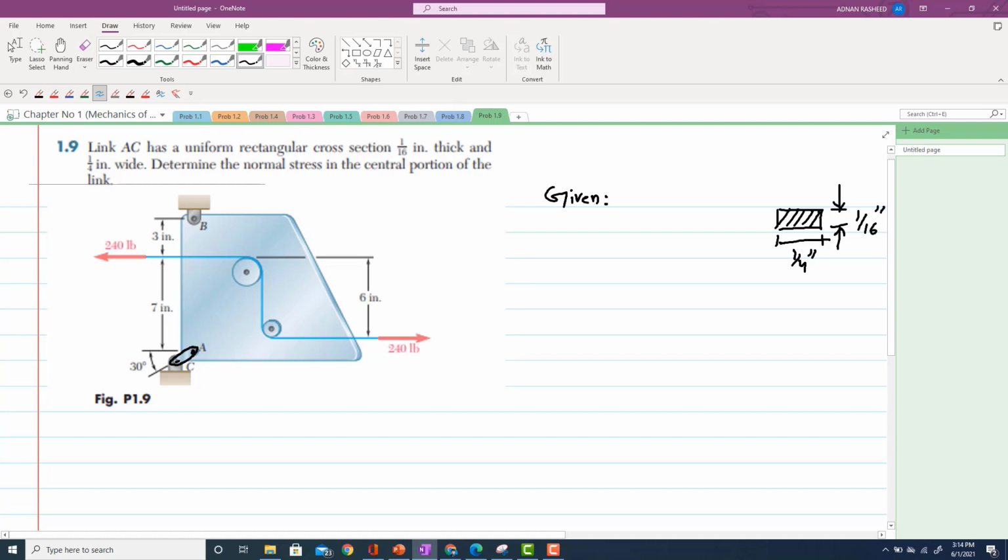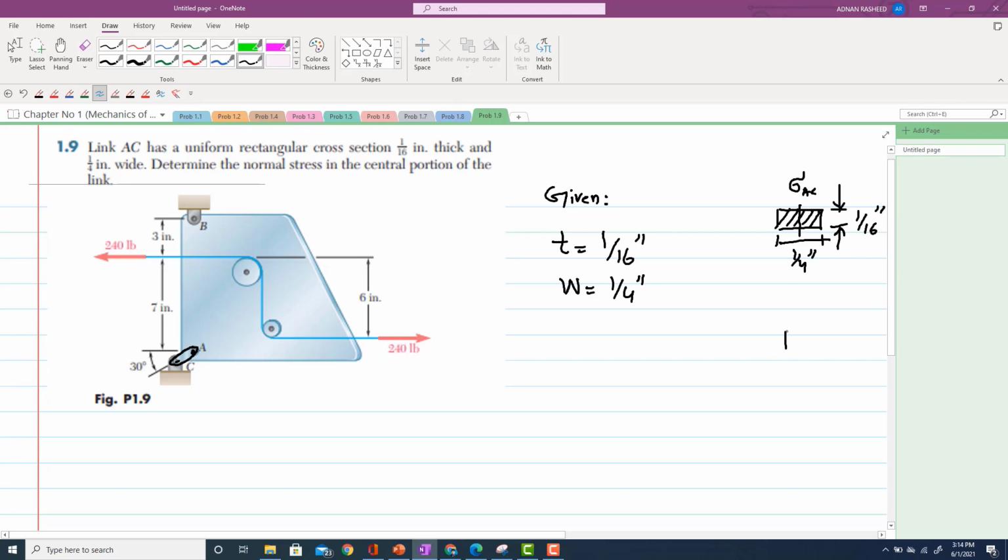So this is the cross-sectional area. T is 1/16 inch and width is 1/4 inch, and it is required to find the normal stress in the central portion of the link. So this is the central portion, and you have to find the normal stress, which is sigma AC.